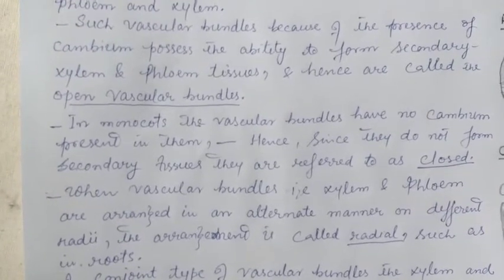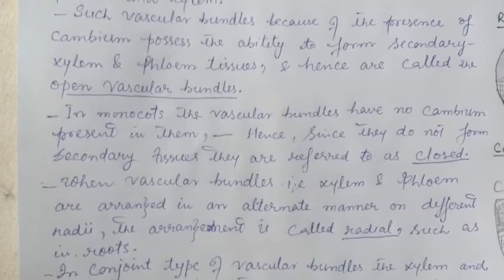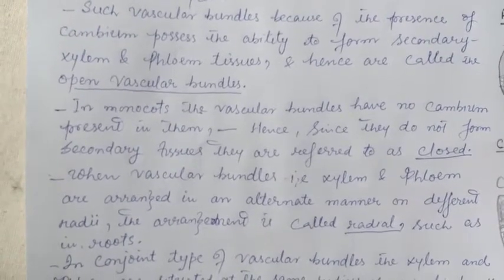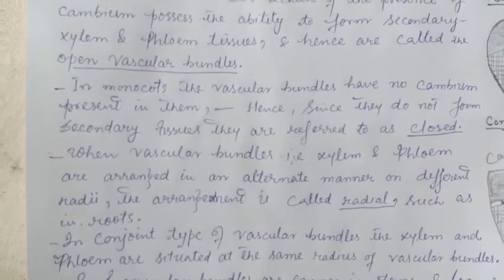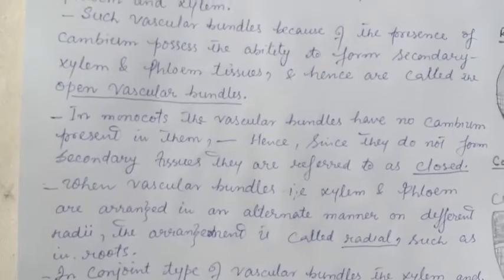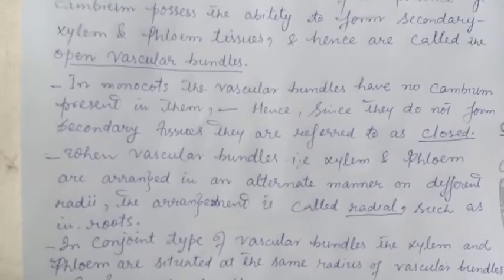When vascular bundles, that is xylem and phloem, are arranged in an alternate manner on different radii, the arrangement is called radial, such as in roots. The radial system of arrangement is present in the roots.